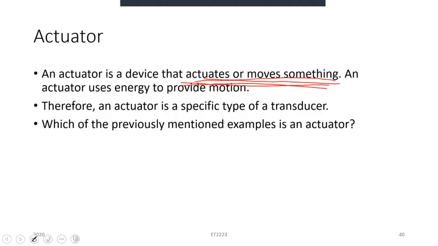So here the converted energy is in the form of motion or kinetic energy. If it is converting electrical into motion or mechanical energy, then that is what we would identify as an actuator. Basically, an actuator is a subtype, a specific type of transducer.